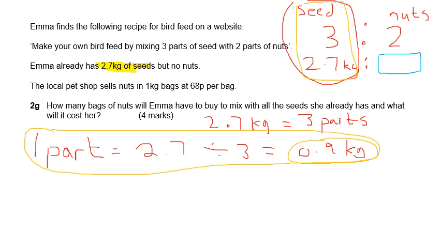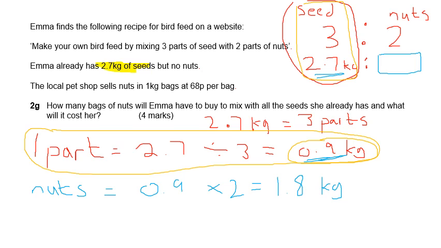From here, we can work out how much nuts we need. 2 parts will be 0.9 times 2, which equals 1.8 kilograms. So if Emma has 2.7 kilograms of seed, to match up with that she will need 1.8 kilograms of nuts.